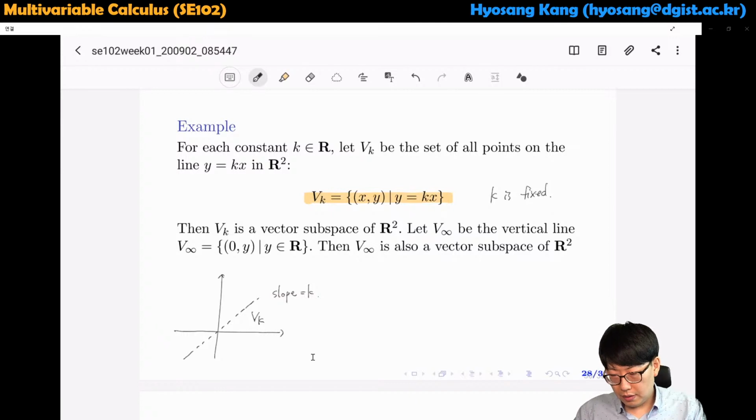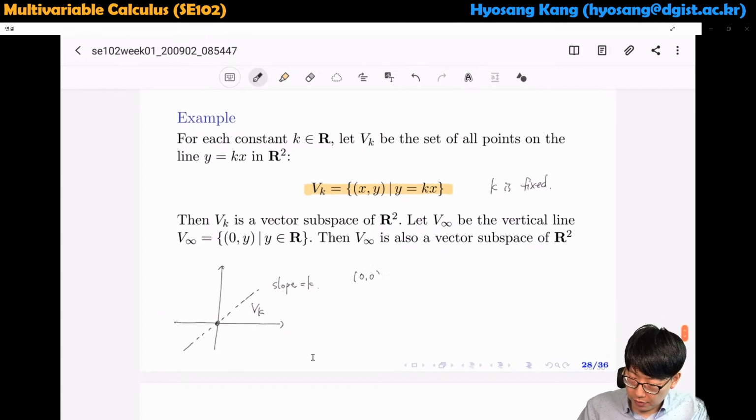all the points lying on this line are called Vk. Now, Vk is a vector space. Why? It contains (0, 0), right? It serves as the zero vector in Vk. And you can add two vectors (x0, y0) and (x1, y1).